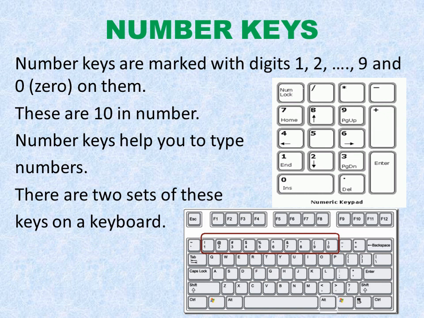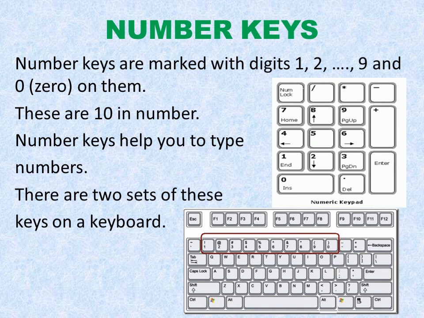Now children, let us learn about number keys. Number keys are marked with digits 1, 2, 3, 4, 5, 6, 7, 8, 9 and 0 on them. These are 10 in number. Number keys help you to type numbers. There are two sets of these keys on a keyboard.